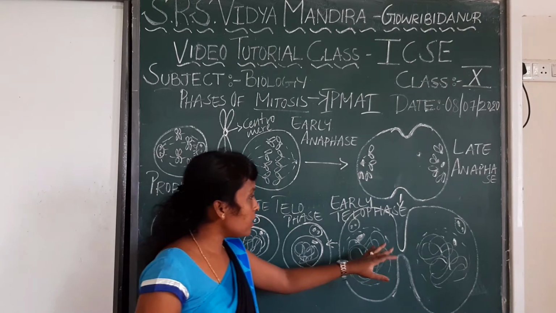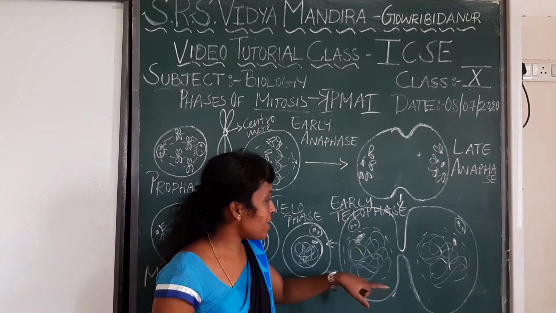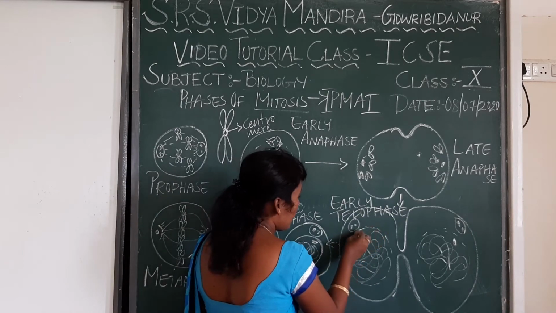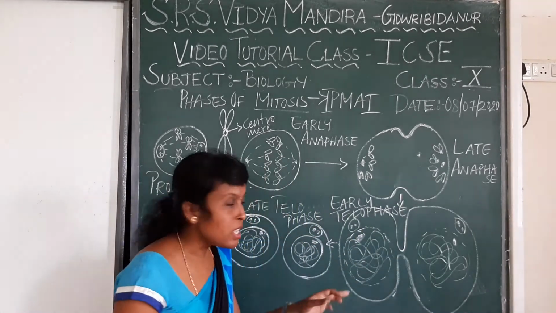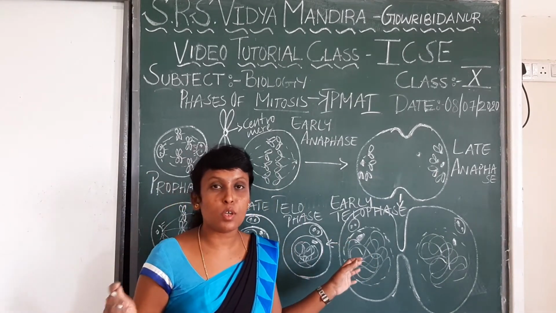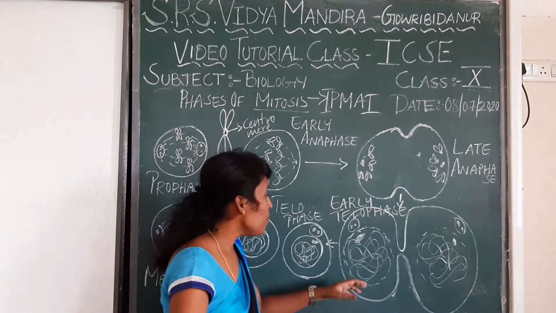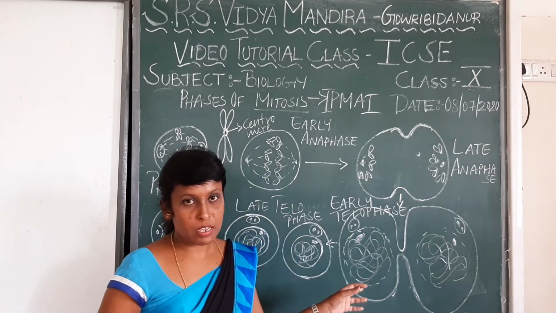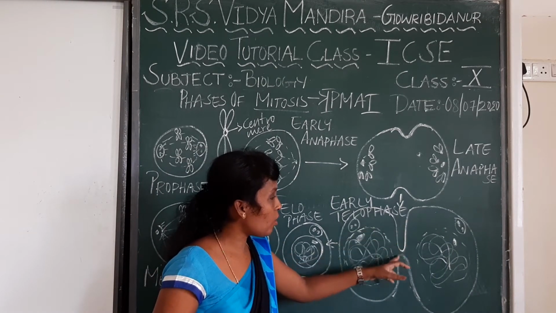Coming here, what happens in the early telophase? The nuclear membrane reappears, the nucleolus reappears, and the chromosomes decondense to form chromatin fibers. Also the furrow deepens.